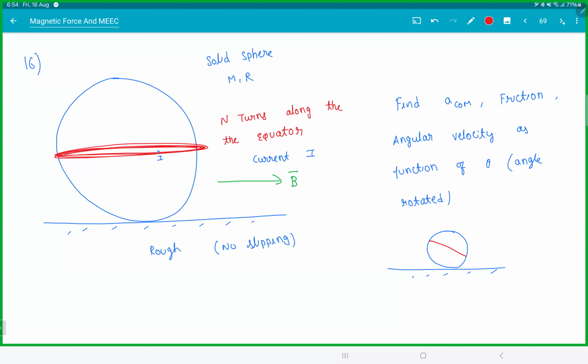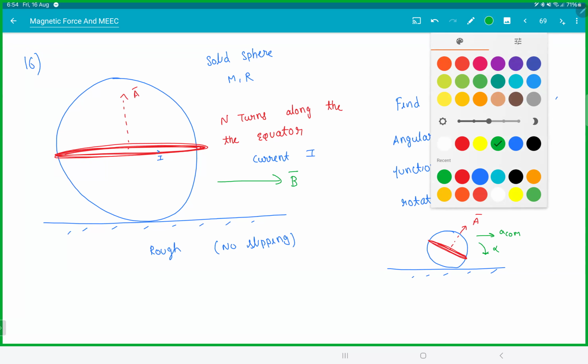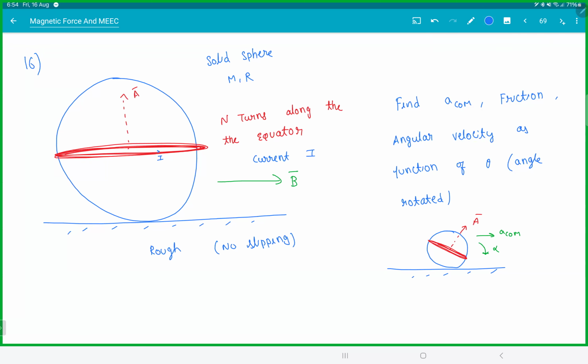The coil would become like this. The area vector is rotating. So this will have acceleration of center of mass. This will have alpha and omega. This will start rotating.